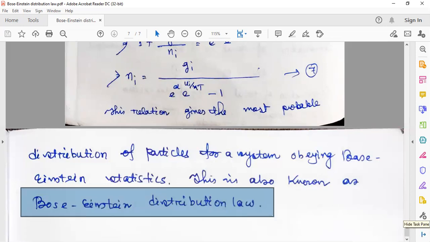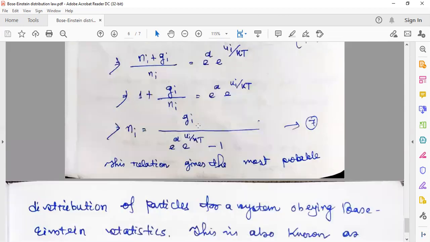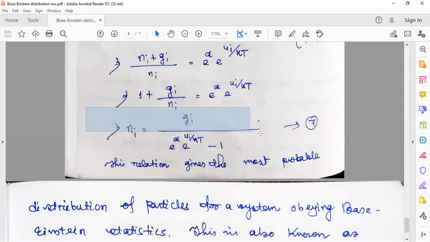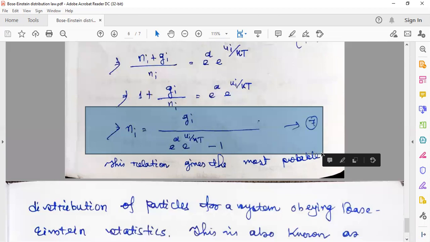So this is what is directly given in your syllabus, and that is how you can find out the Bose-Einstein distribution law. You have to remember this expression, because it will also be useful in some other topics.